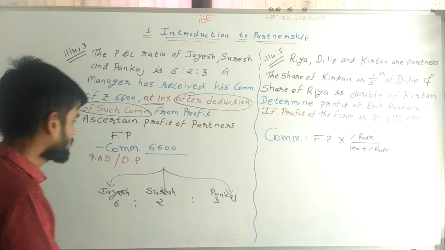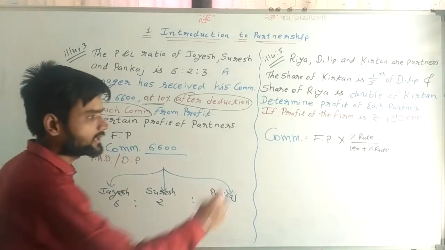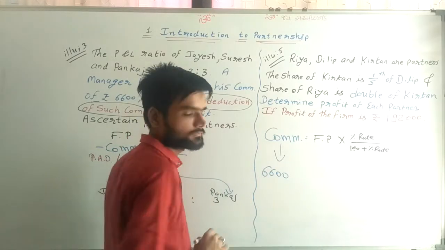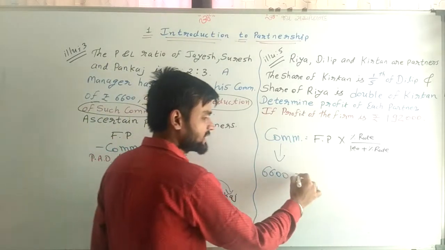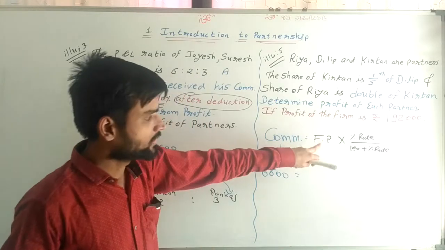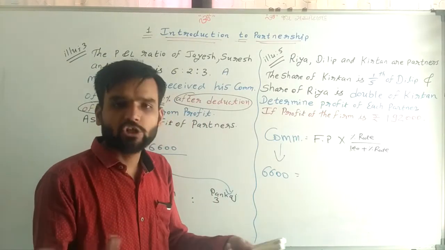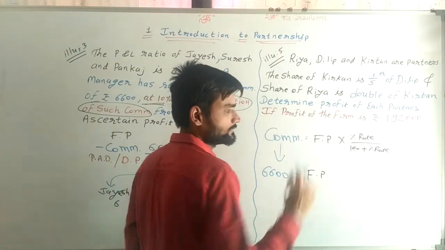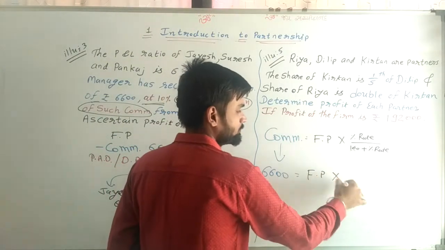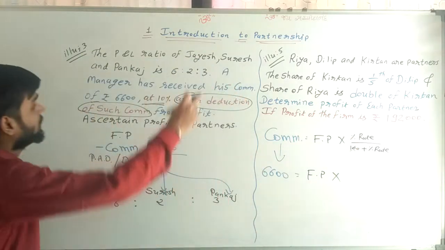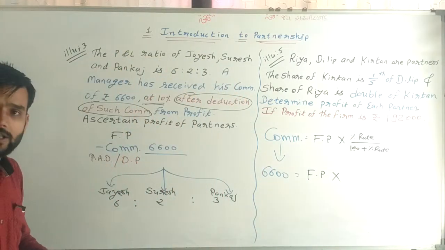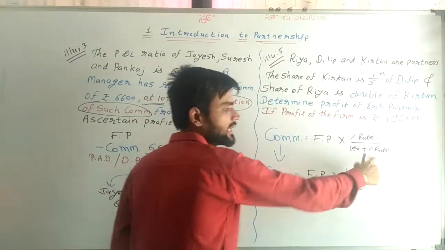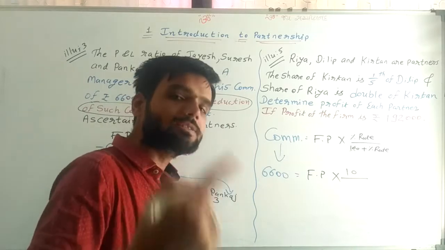What is the amount of commission? 6600. So write down 6600 is equal to firm profit. Sir, we don't know firm profit, so firm profit as it is, into percentage rate. Here the percentage is 10%, so write down 10. Divide by 100 plus percentage, so 100 plus 10, 110.